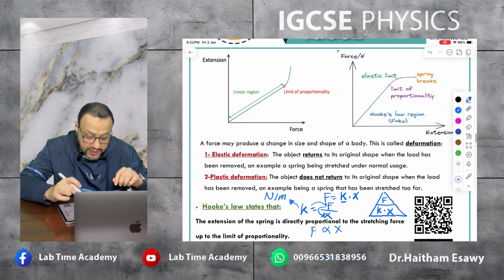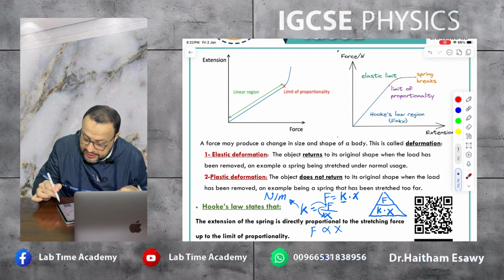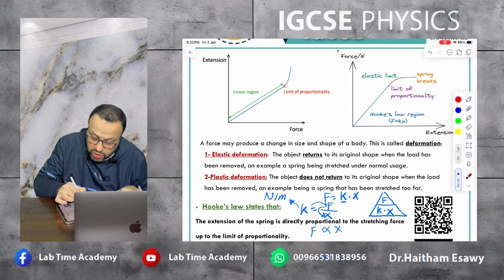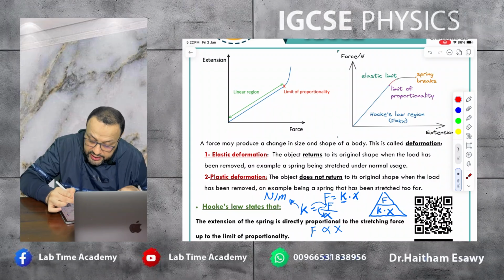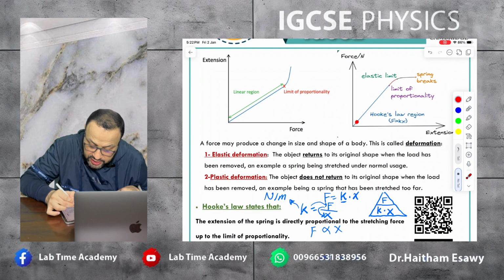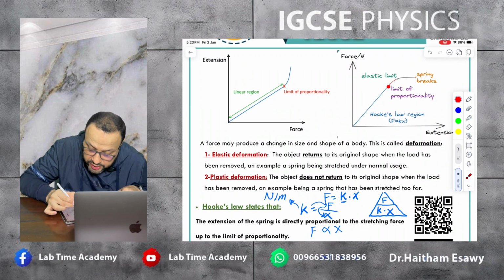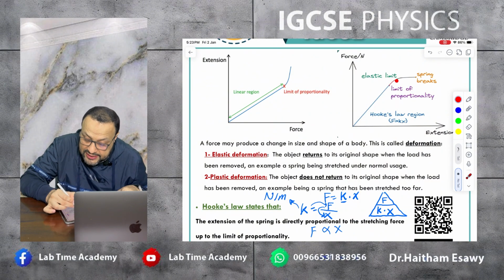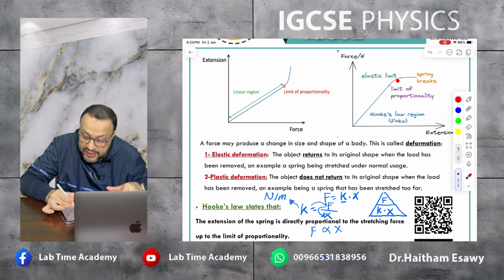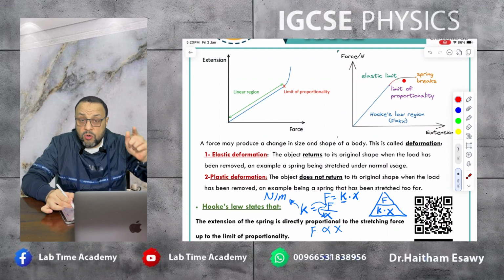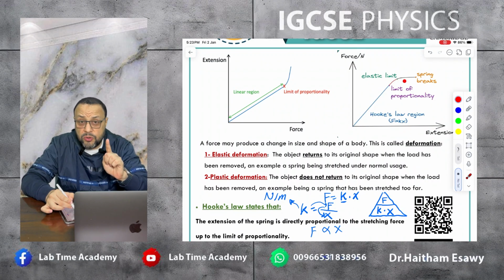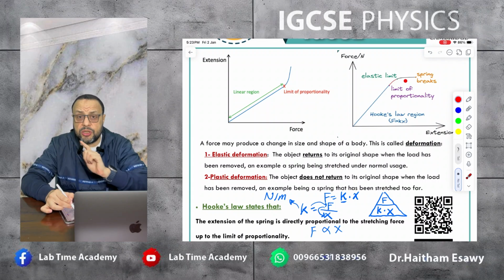Here, if we draw this graph of the relation between force and extension, as you see, this region is the linear region. This means that by increasing the force, the extension will increase. But take care about this point, which is the limit of proportionality. Beyond this limit, F will not be directly proportional to X, the extension.